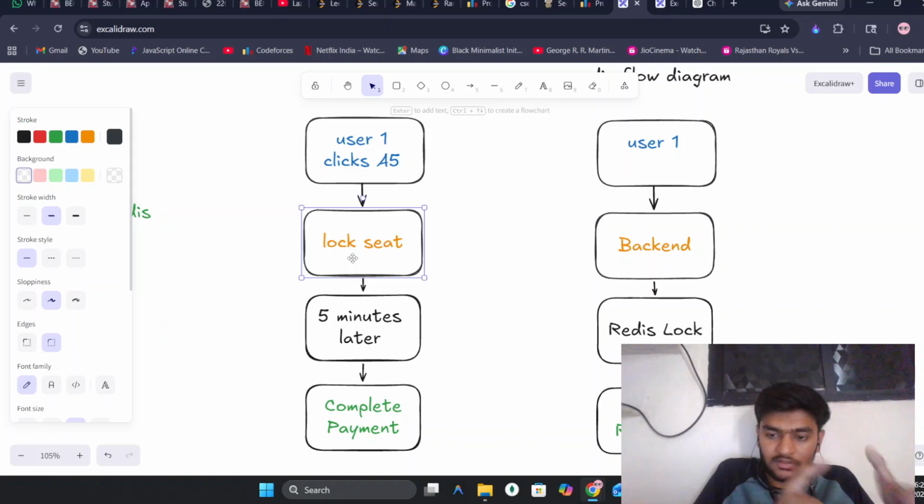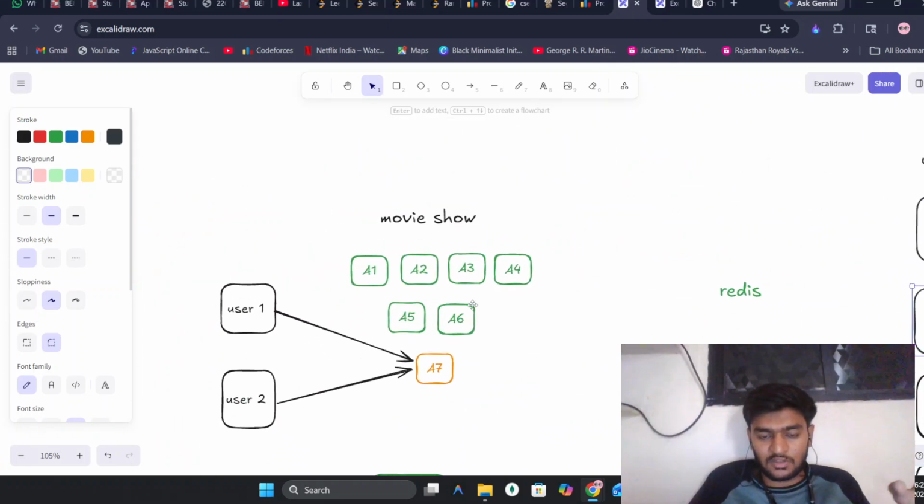Now user two comes to check, and sees that user one has already locked that seat. So user two will not be able to book that seat. They will see that it is in the locking state, not booked yet. And after some time, if user one has not completed the payment successfully, then it becomes available again.